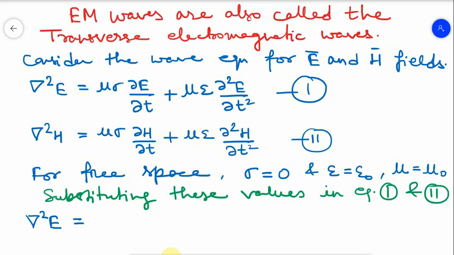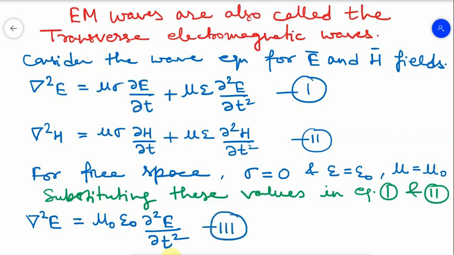That's it. So it is mu 0 epsilon 0 del 2E upon del t square, and this is your new equation. So we will put equation 3.